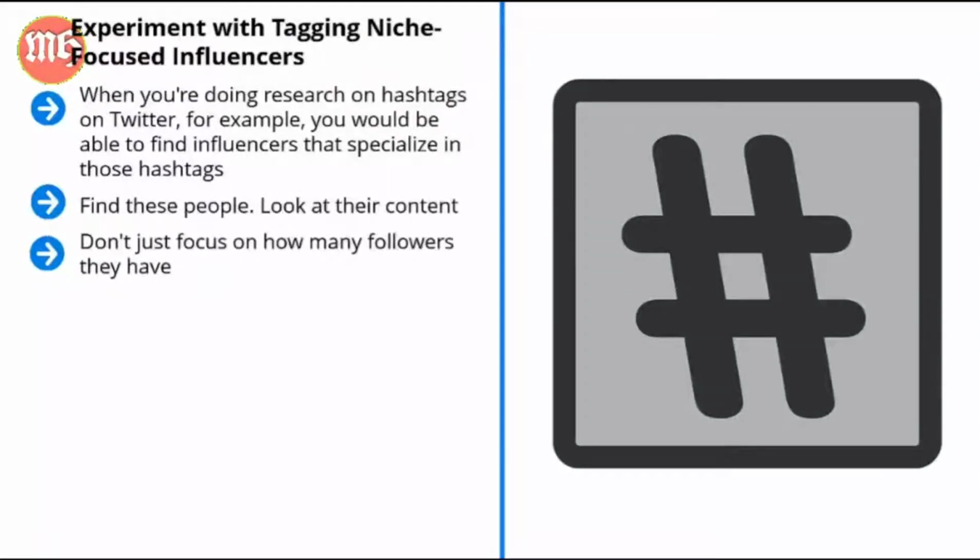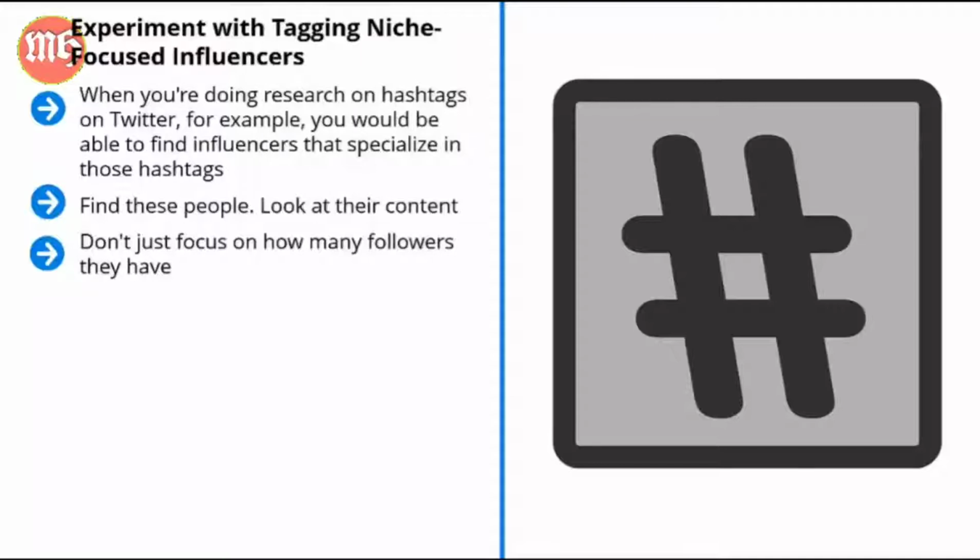Don't just focus on how many followers they have. Instead, look at the total amount of engagement they get, and also pay attention to the ratio of followers they have to the number of accounts they follow. For example, if I find Mike Smith to be a big poster in my niche because he just seems to rotate among the 10 hashtags that are most relevant to my niche, I look at his followers in relation to the number of accounts he's following.